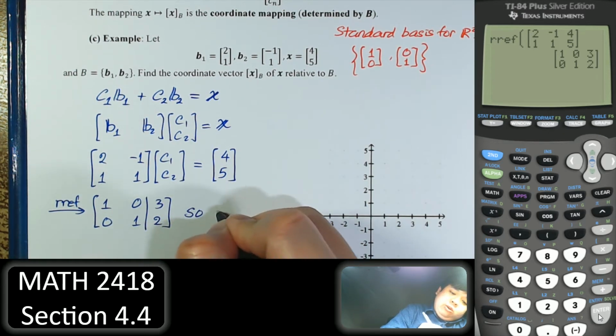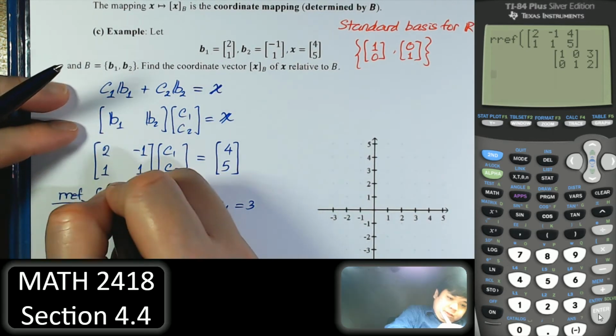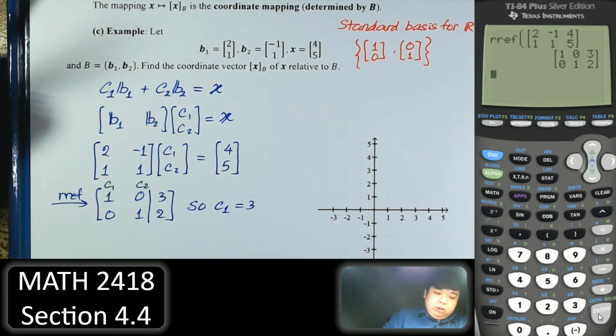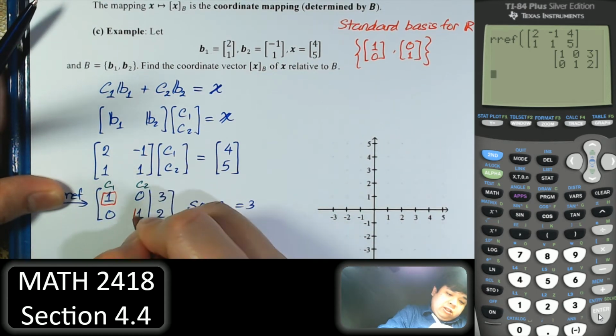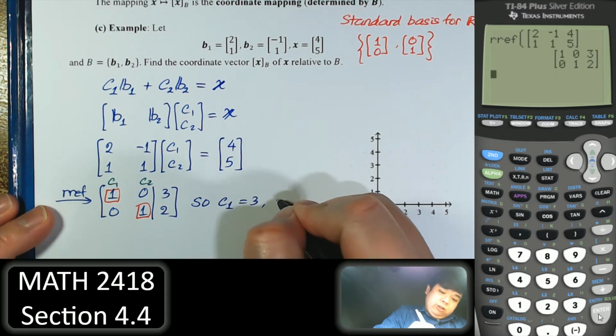So we have c1 and c2, and the pivots. So c1 is equal to 3 and c2 is equal to 2.